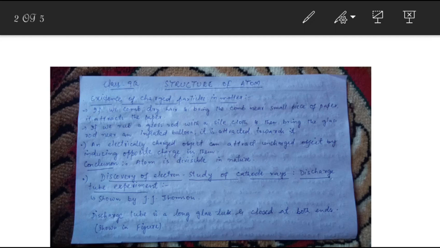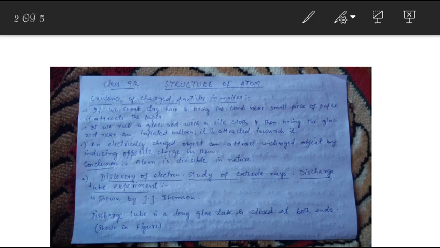Or if we rub a glass rod with a silk cloth and bring it near an inflated balloon, it is attracted towards it. That means an electric charge is created in that object by rubbing it. So an electrically charged object can attract an uncharged object by inducing an opposite charge in it.